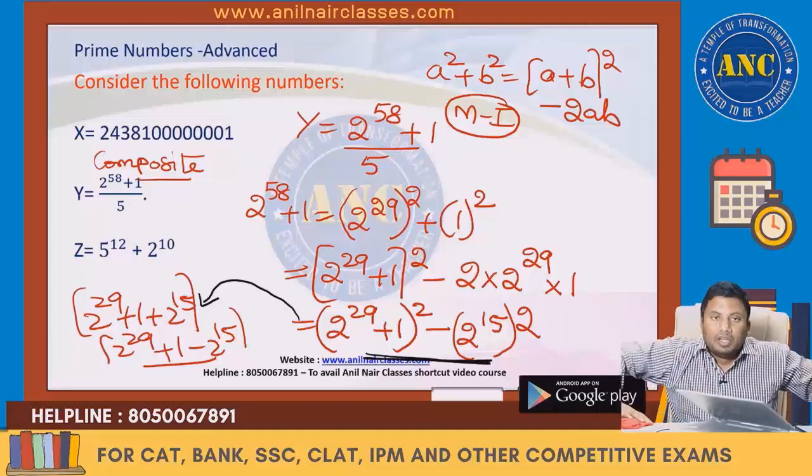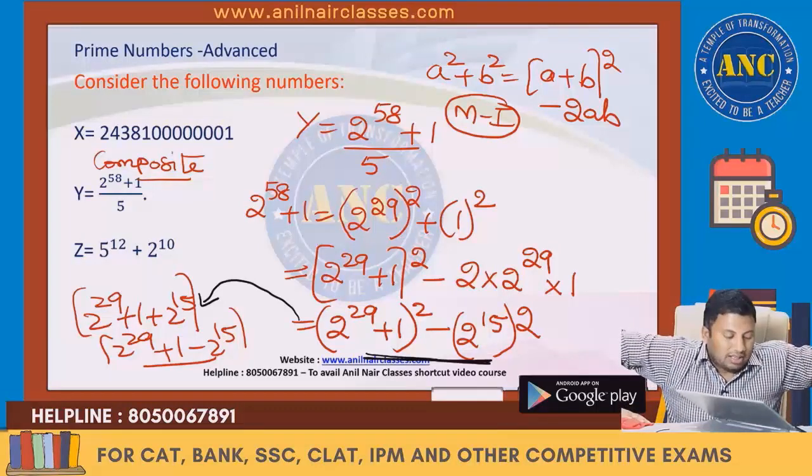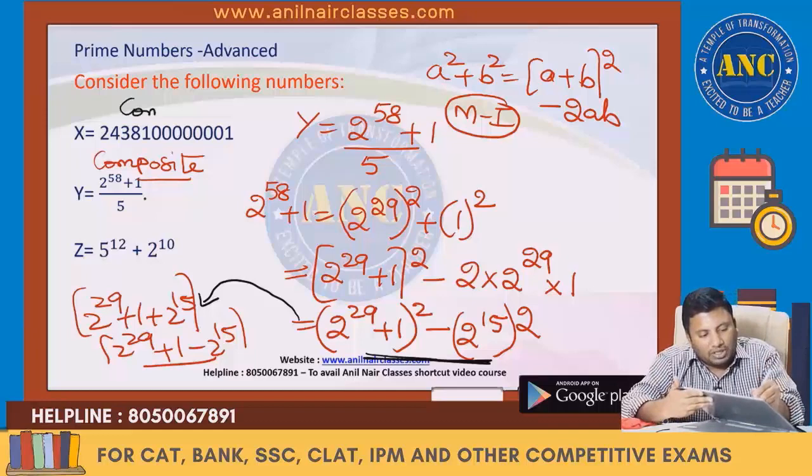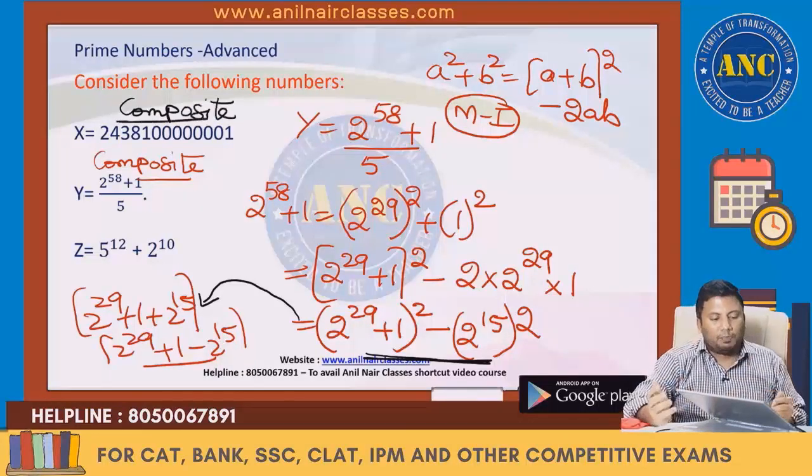So it has factors other than 1 and itself, so it is a composite number. The second one also is a composite number.